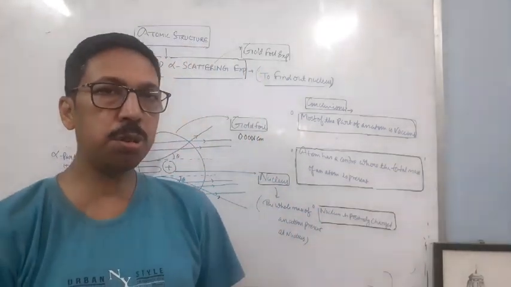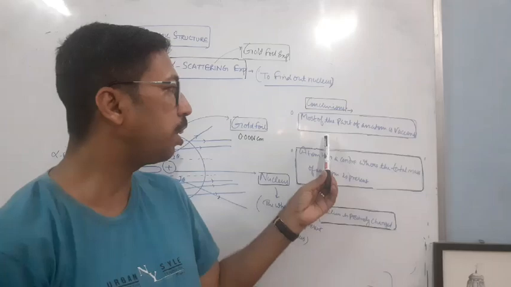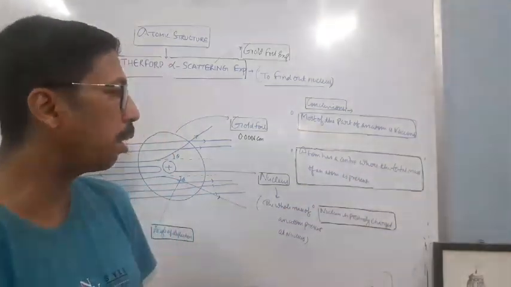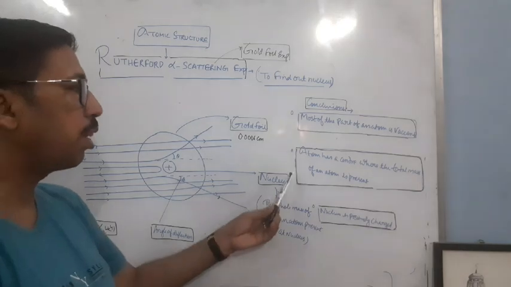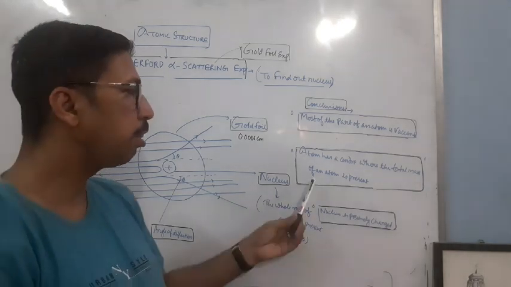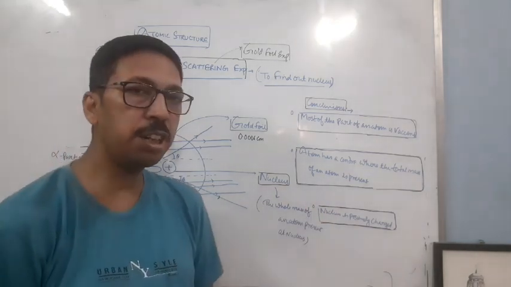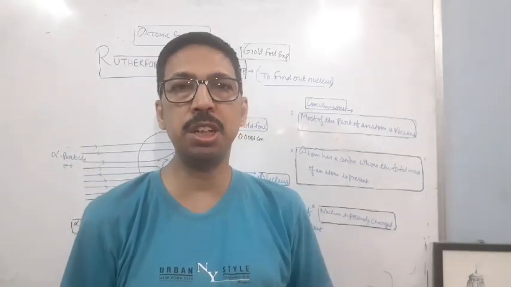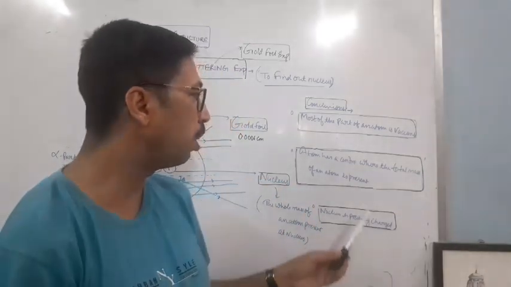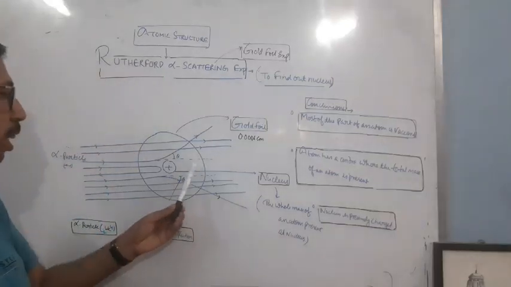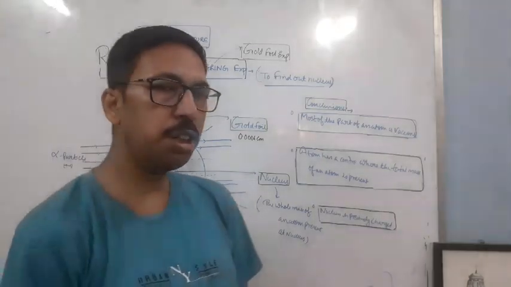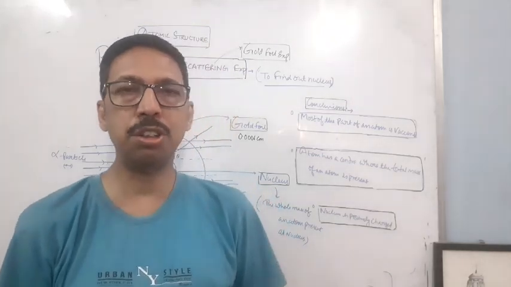According to his first observation, he stated that most of the part of an atom is vacant or empty. According to the second observation, Rutherford said that an atom has a center where the whole mass of the atom is present, and this center is called the nucleus of an atom. And third, the nucleus is positively charged.